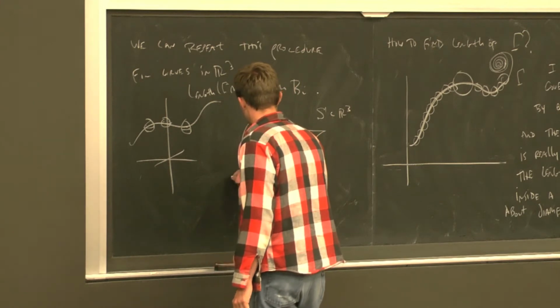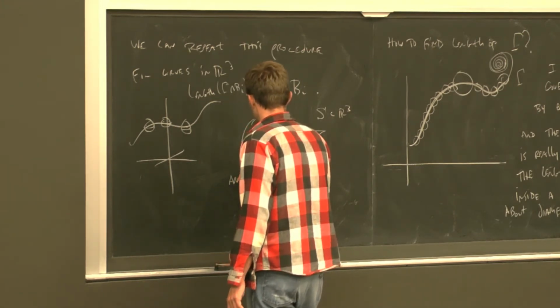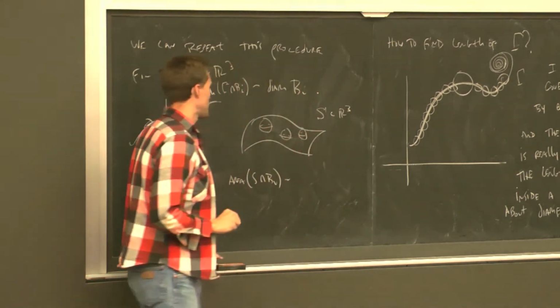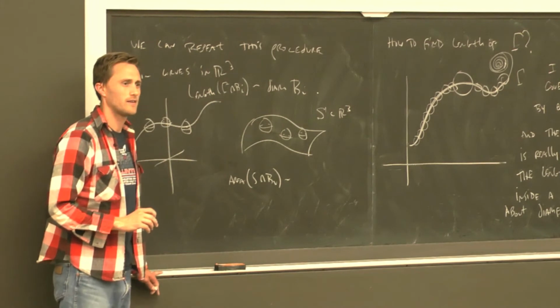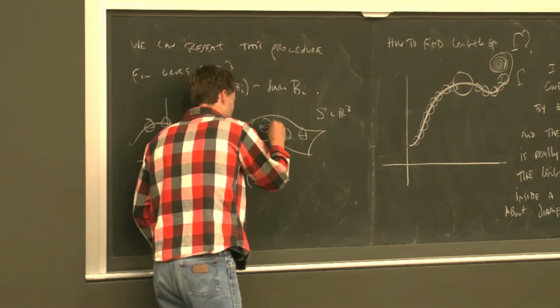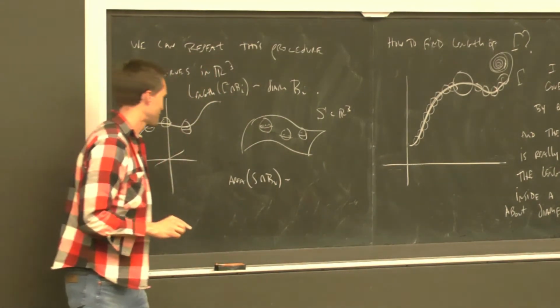But then the area of S intersect the BI is going to be approximately what? Those circles, right? Yeah, exactly. You'll get little tiny circles in here. Exactly, a two-dimensional circle. Very good.